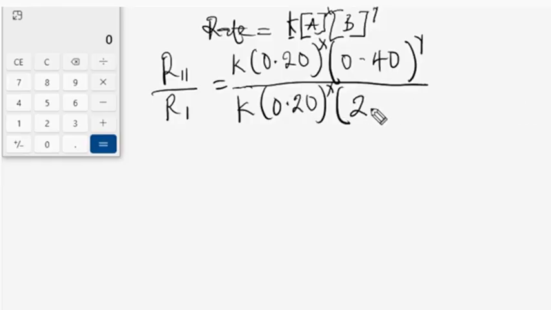So we're going to put that here, 0.20, and raise this to Y. So this will be equal to the quotient of their rates as well. Rate 2 is 8.0, or just 8 anyway, times 10 to the power of negative 5.